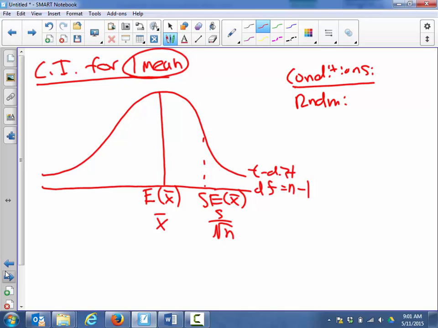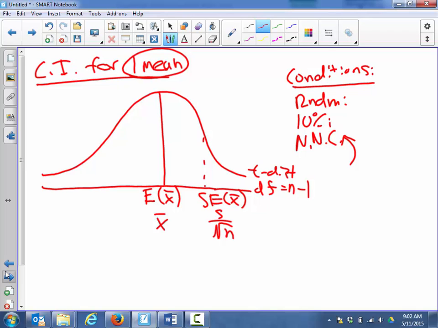Your conditions are the same as last slide. No, I'm sorry, they're not, they're close. Randomization condition, 10% condition, and the nearly normal condition, where you're checking your sample data to see whether or not it's close to a bell curve. So if I say build a confidence interval for a single mean, I might give you 20 heights of students.